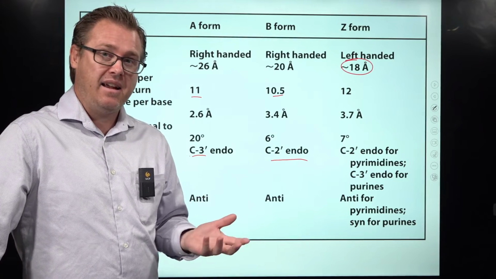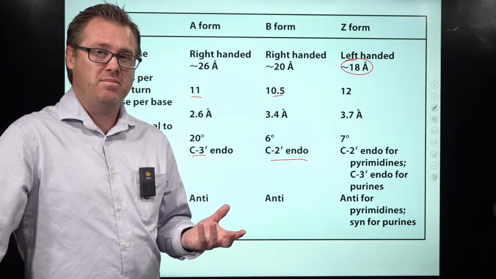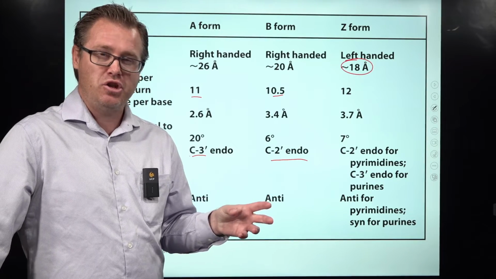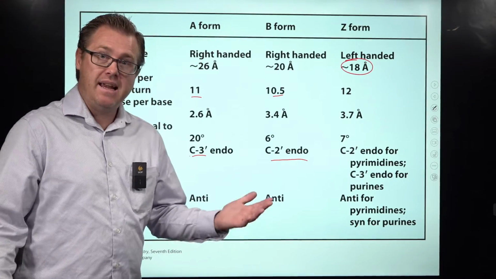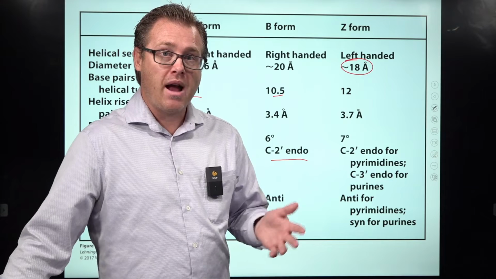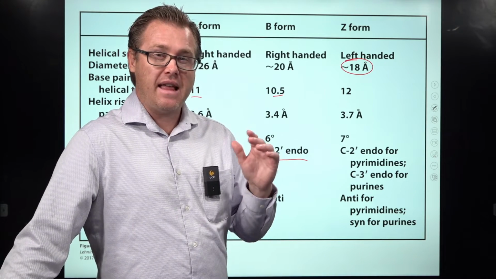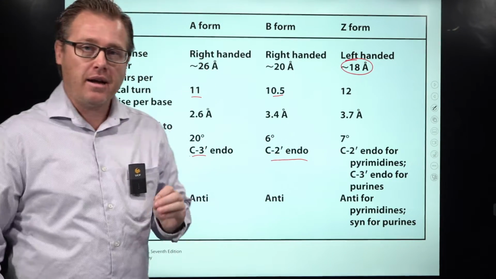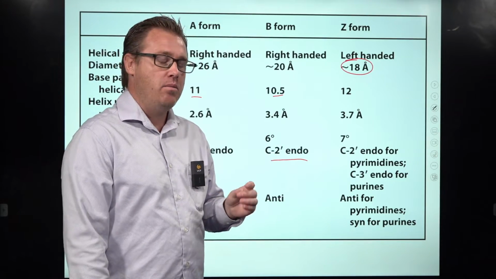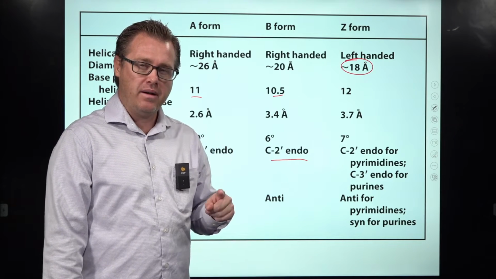We need that proline derivative to be in the exo position in order for collagen to have its physical properties. And the same thing with DNA. You have a 5-membered ribose sugar, and that ring can pucker. We're going to talk in class more in detail about what that is and why that's important.